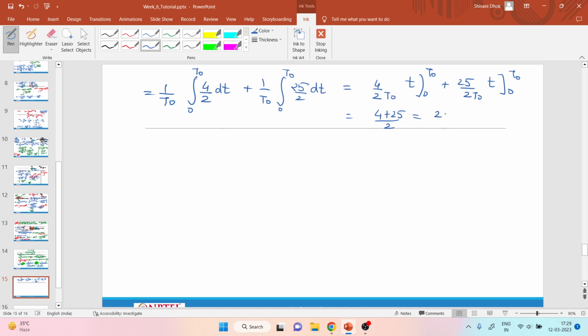This is equal to 29 by 2. So this is what we have obtained.